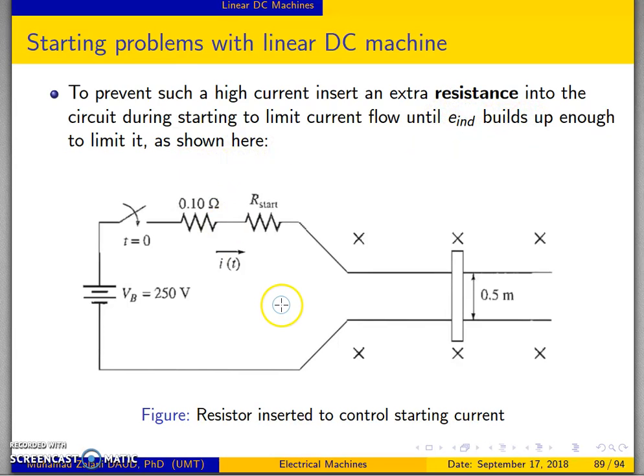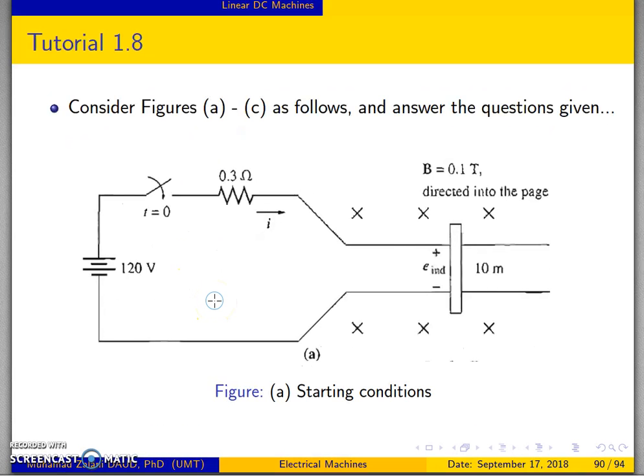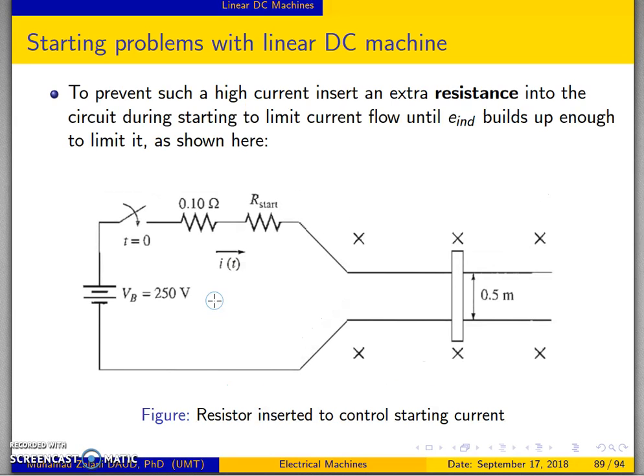We do not want the current to be so large that the motor is damaged. That is why we put in the start resistance to limit the flow of current. The start resistance is a must because we have the internal resistance. Okay, this is about the start resistance.